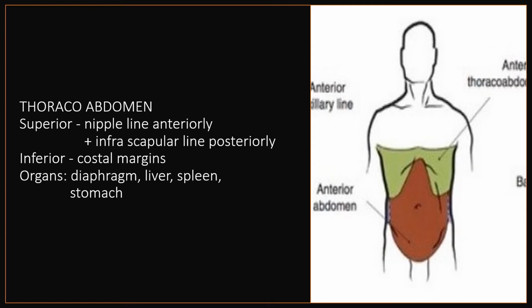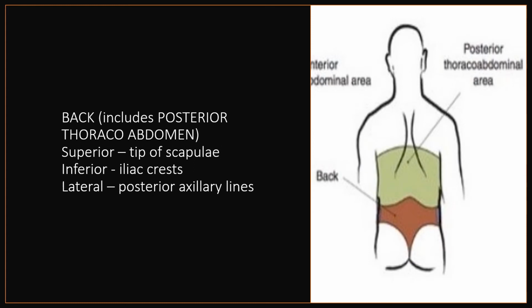Inferior dia pula borders ada costal margin, ini yang color green ya, and organ dekat thoracoabdomen ni diaphragm, liver, spleen and also stomach. Okay, back ni include posterior thoracoabdomen, still yang color green tu.